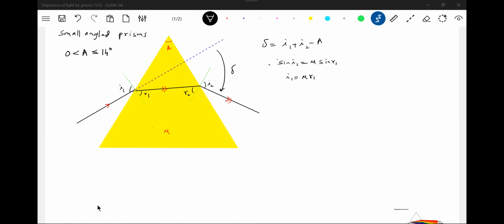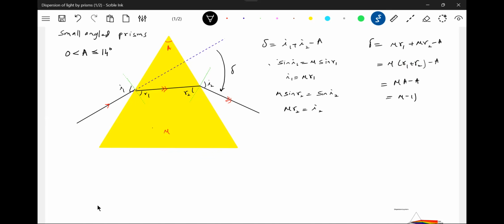Similarly at the other surface, I2 equals mu R2. Substituting all these, deviation is equal to mu R1 plus mu R2 minus A. What is R1 plus R2? That should be equal to A. So this will become mu minus 1.